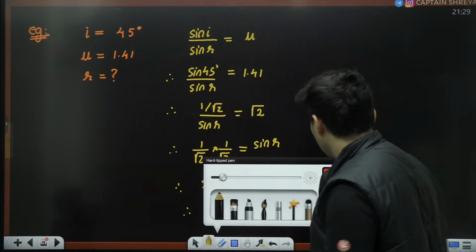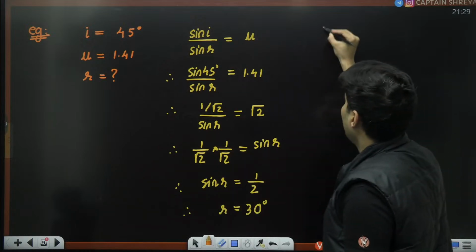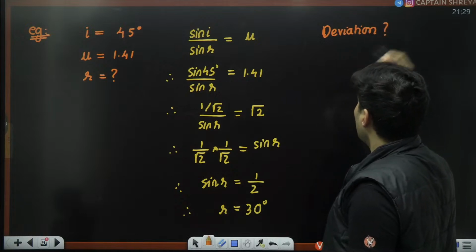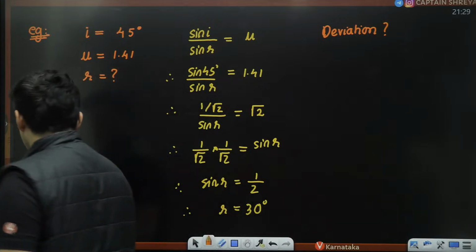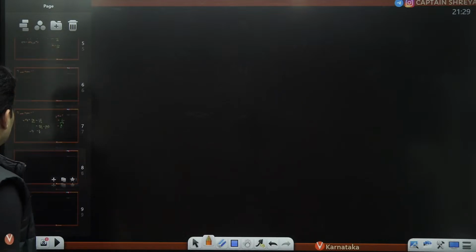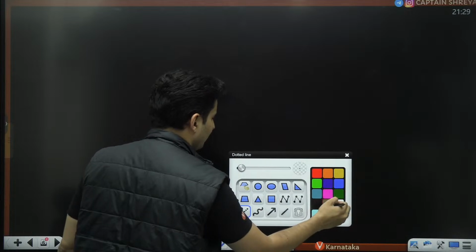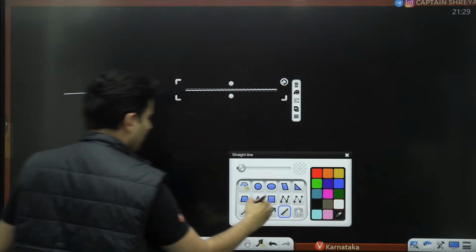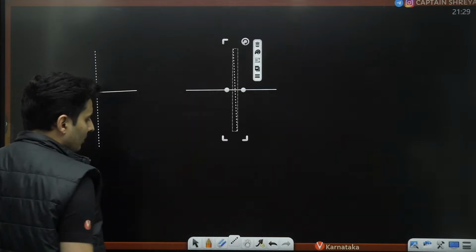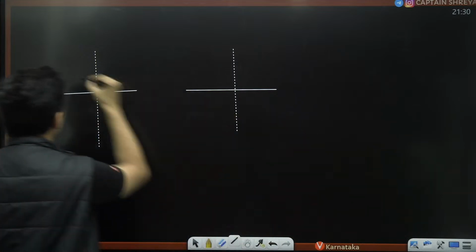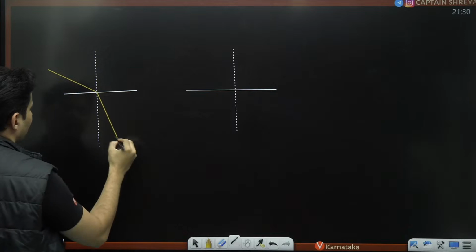Now, in some questions, they might also ask you, can you find the deviation? You might be wondering, sir, how do you find the deviation angle? This is very straightforward, my dear warriors. Imagine this is the normal, and this light ray is going like this and bending like this.